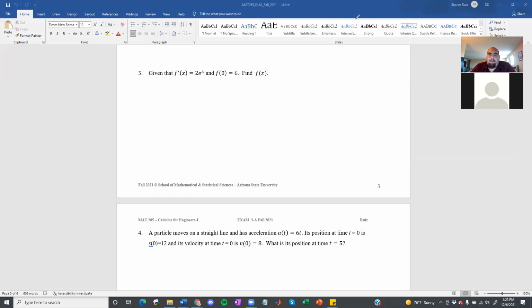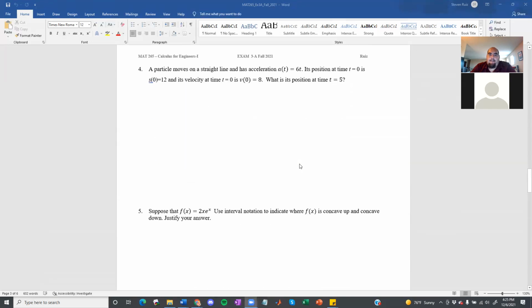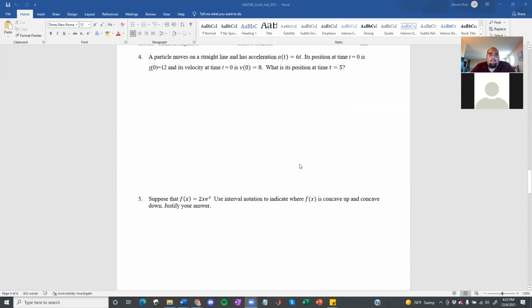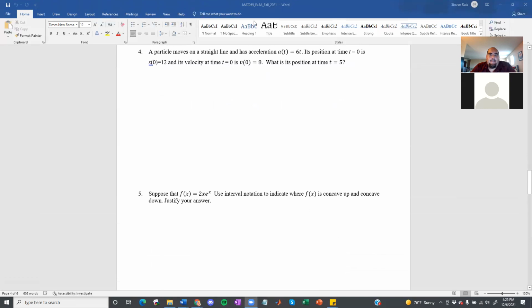A particle is moving on a straight line and has acceleration 6t. So this is the one where we take two antiderivatives here. So first, the antiderivative of 6t is 3t squared plus c.